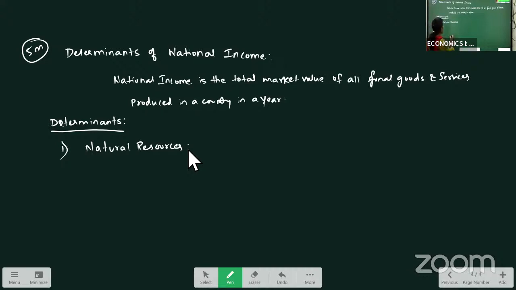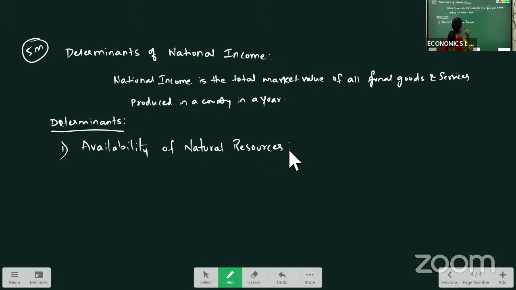So you can write this point as availability of natural resources. So if resources such as minerals, mines, or we can say here geographical features, fertility of the soil, fuel resources, if these availability is good in the country, then national income will be high.